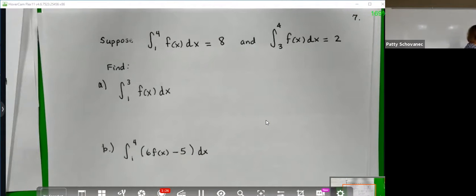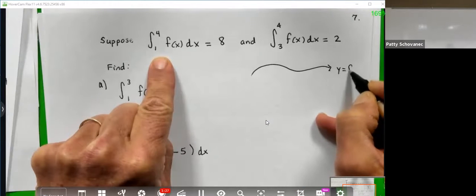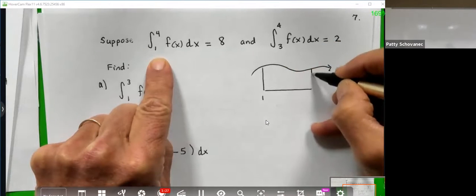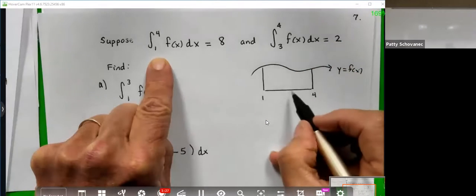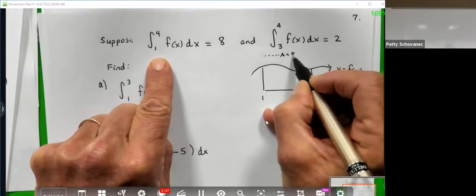Just kind of make a picture. Just looking up here, if I just use this squiggly line as my graph of y is equal to f of x, and draw an interval from 1 to 4, I know that this total area here is 8 units.